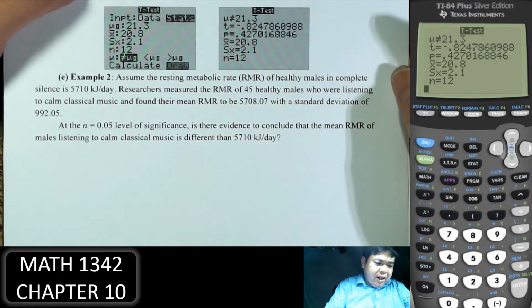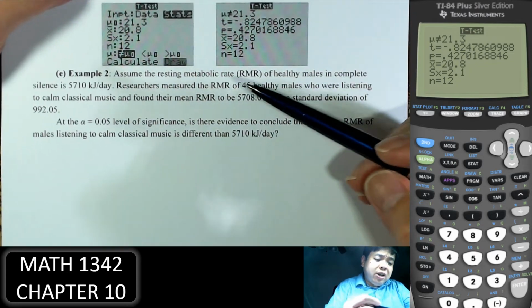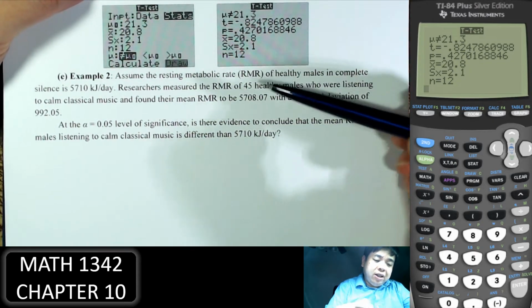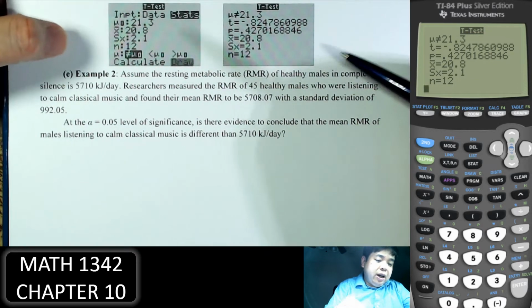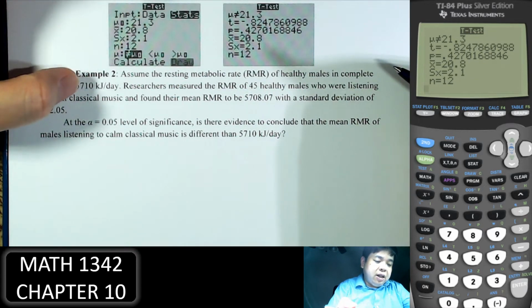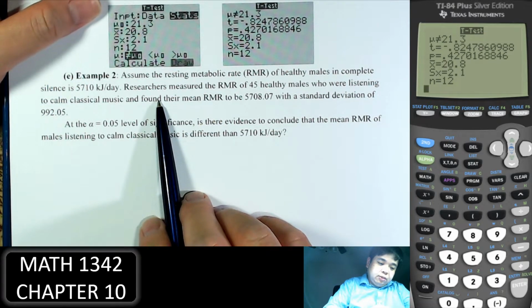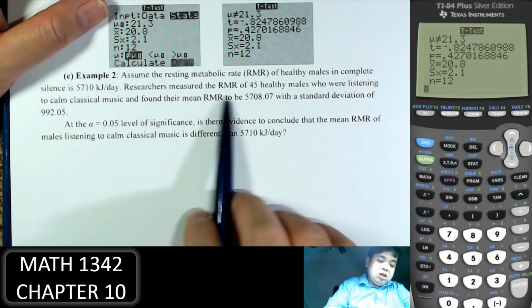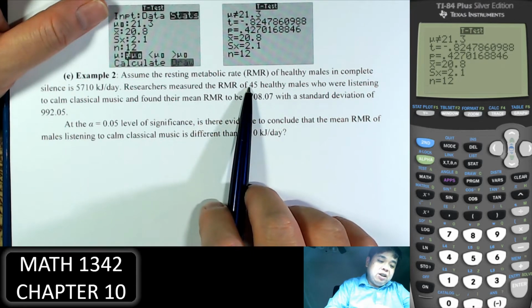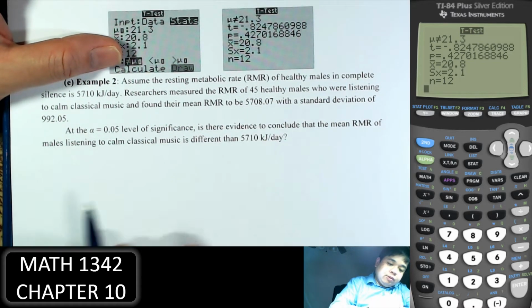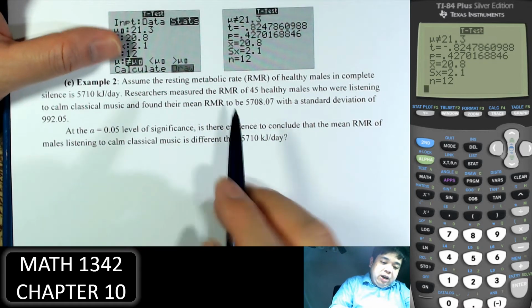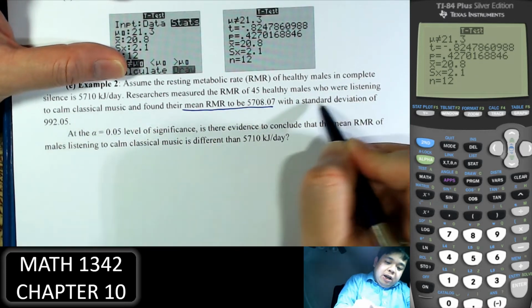Next, assume the resting metabolic rate of healthy males in complete silence is that. And then the researcher takes a sample of 45, so n is 45. And we have the mean and standard deviation.